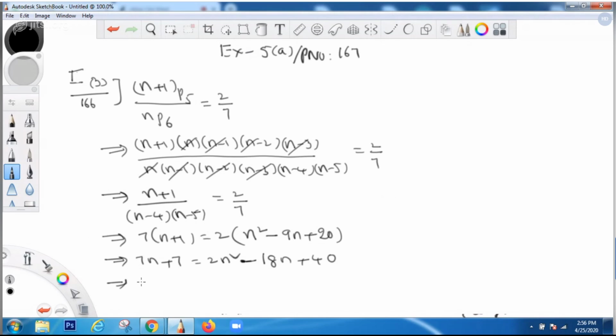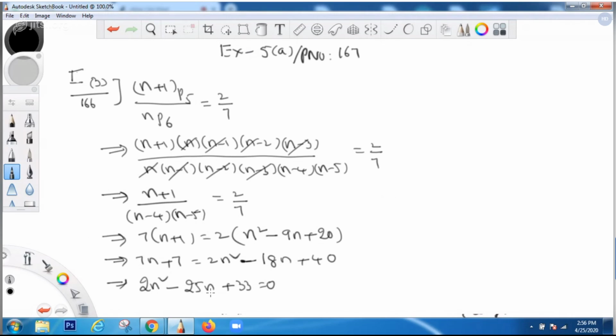Bring all the terms to the right side. First the n square term, we write 2n square; minus 18 minus 7 is minus 25n; plus 40 minus 7 is plus 33, is equal to 0. Now we have to find factors for this, 2 into 33. The sum or difference should be 25.